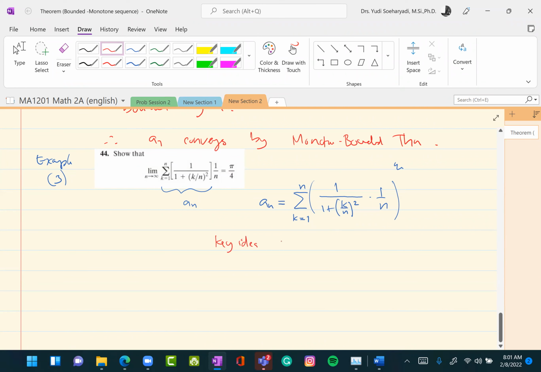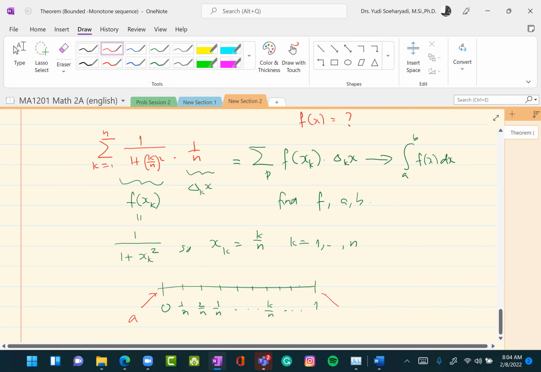So k starts from 1 till n. So what does this look like? Well, it is the interval from 0 to 1. So you divide this up into n subintervals, which is 1 over n, 2 over n, 3 over n, dot, dot, dot, so this is k over n. If that's the case, then this should be the a, and that should be the b.